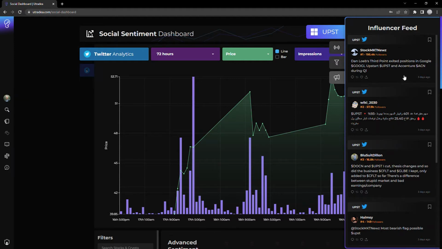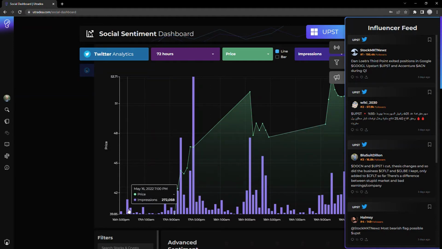This will filter and show you all the major accounts that are tweeting about Upstart, hashtag UPST. This gives you a good sense, because the more people that see posts about Upstart, the more chance there is for investors to become excited about it, especially if it's positive sentiment, and really stay informed. So this is a super useful data point, especially in this type of trading environment.